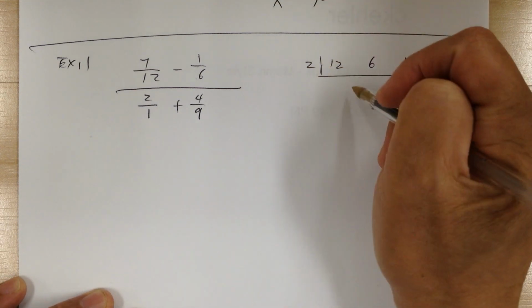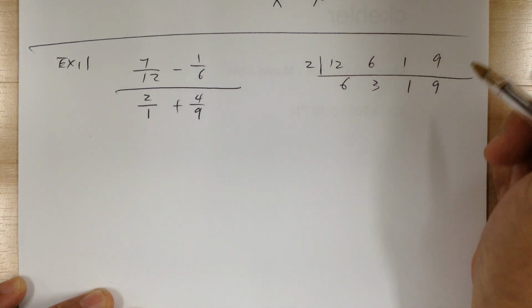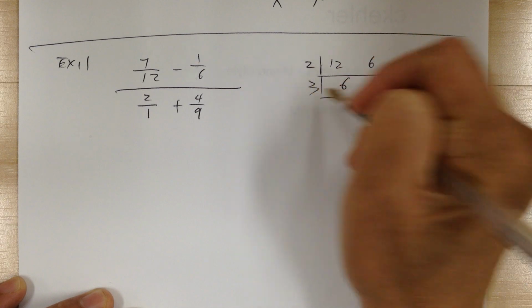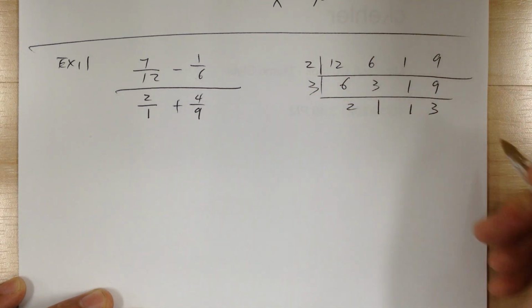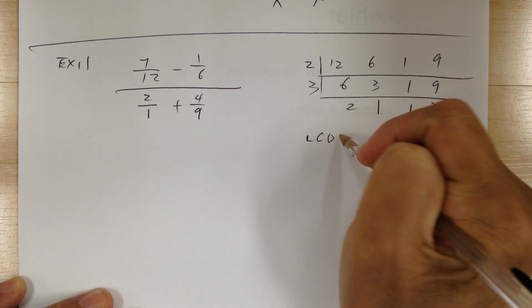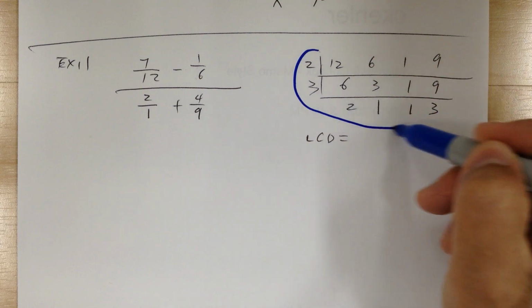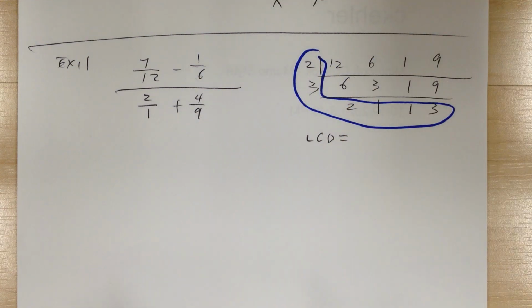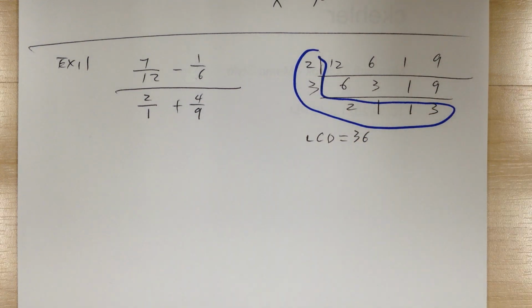This one you can divide by 2, so it'd be 6, 3, 1, 9. If you cannot divide, you just leave it alone. And you can divide by 3, so it'd be 2, 1, 1, 3. And that's it. So your LCD would be all of this over here, which is 36.